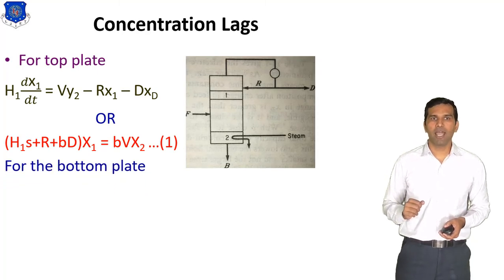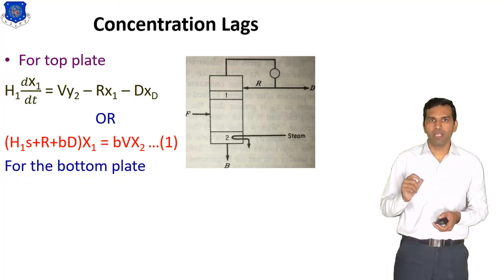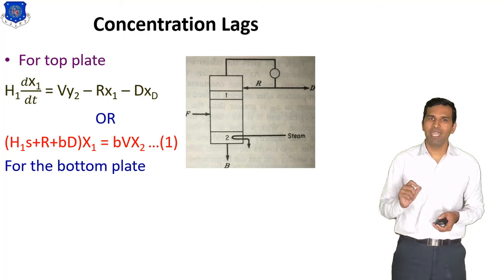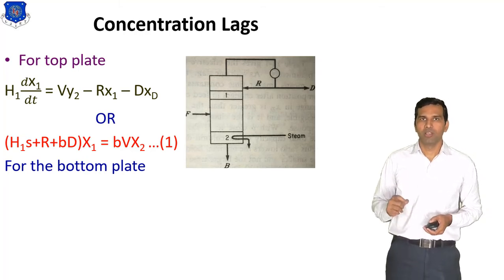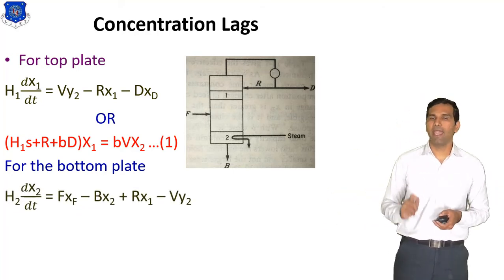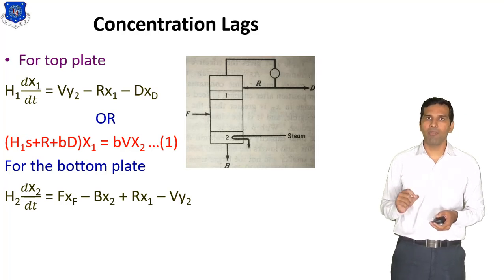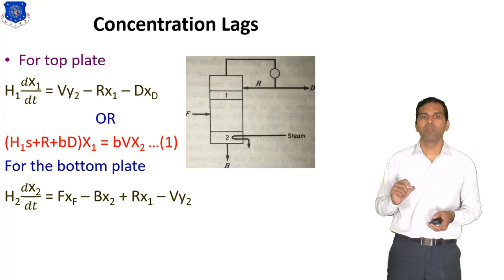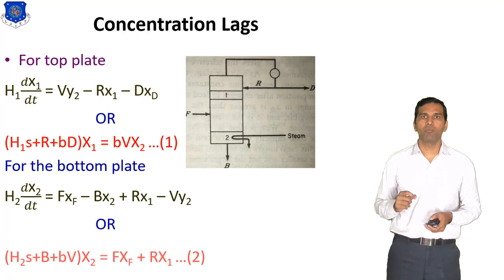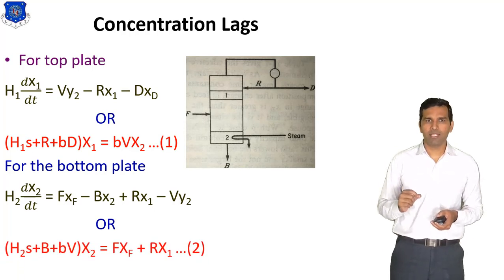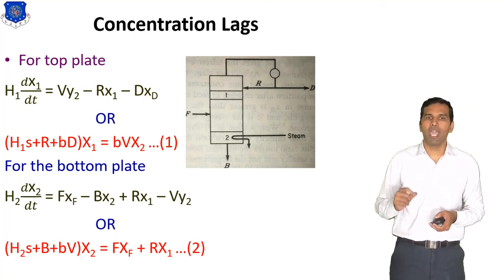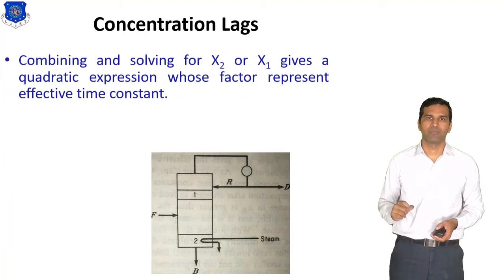Then we can also write for the top plate (H1 s plus R plus bD) x1 equals B v x2. Similarly, for the bottom plate, H2 dx2/dt equals F xf minus B x2 plus R x1 minus B y2. Or for the bottom plate, (H2 s plus B plus bv) x2 equals F xf plus R x1.